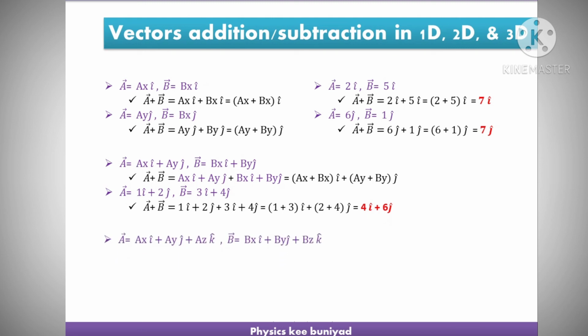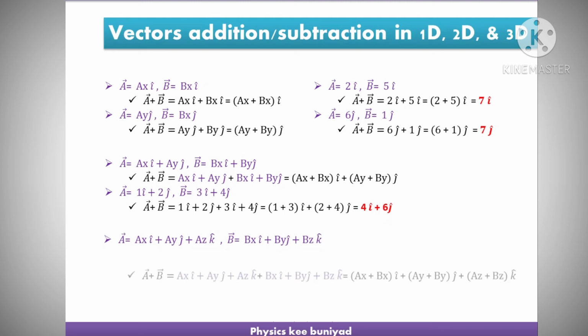Similarly, for the three dimensional plane, as we already know, a vector a can be represented as ax i cap plus ay j cap plus az k cap. Similarly, another vector b can be represented as bx i cap plus by j cap plus bz k cap.